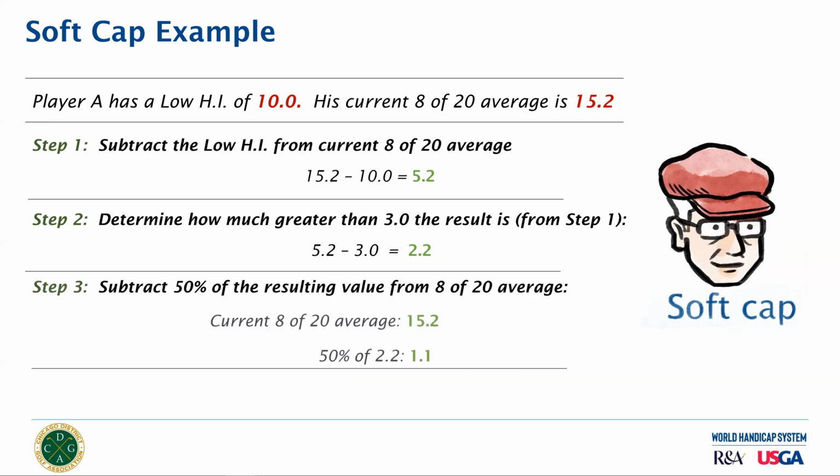You subtract 50% of the resulting value from the 8 of 20 average, which is 1.1. So the handicap index is actually suppressed from 15.2 down to 14.1. It didn't cap it, it just slowed how quickly it can go up.